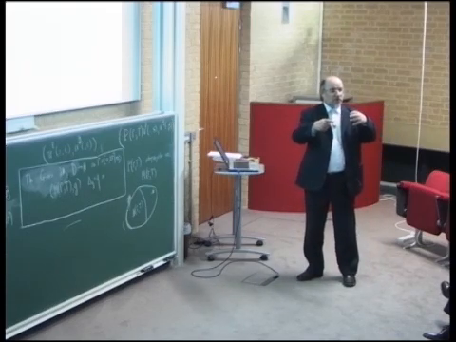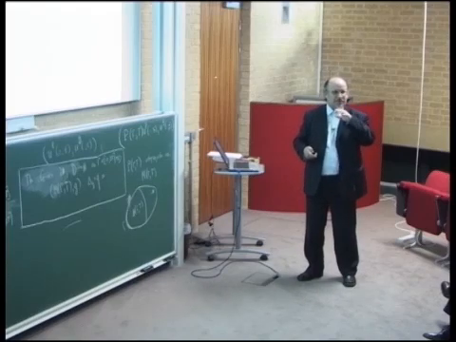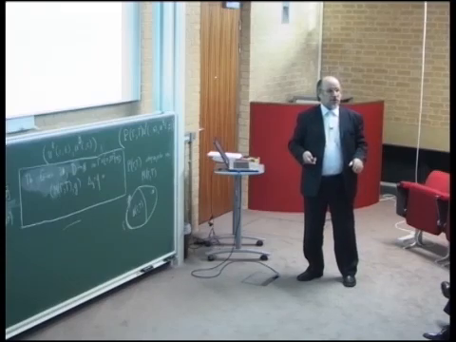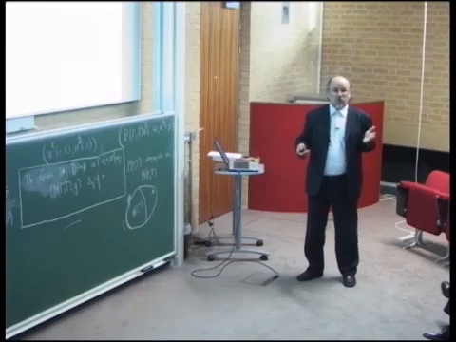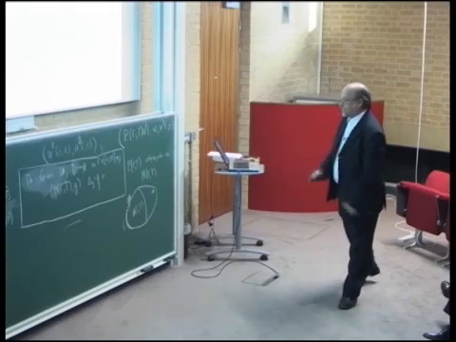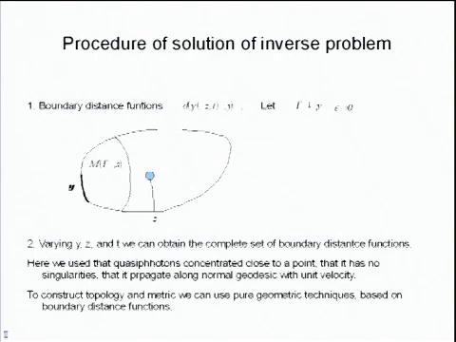Using this boundary distance function as a point on some manifold, we can reconstruct a geometric copy of this manifold. It is a rather complicated process, but it's a purely geometrical one. There is practically no physics at all. So we see that in this particular problem, the geometry is the main thing. We have to reconstruct the Riemannian manifold.